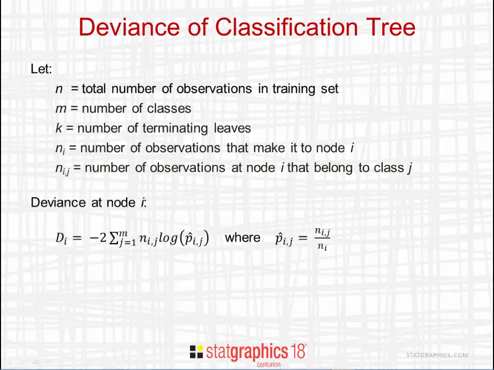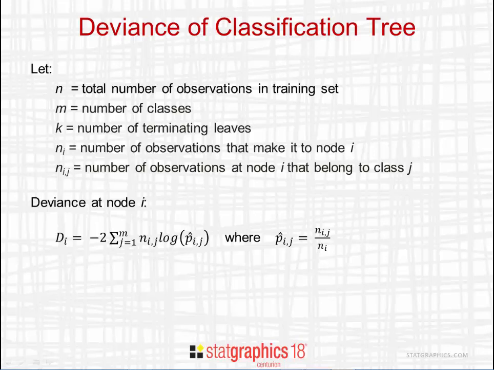The deviance at node i is -2 times the summation across the classes of n sub ij times the log of p hat sub ij, where p hat sub ij is the fraction of the observations that make it to node i and also belong to class j.